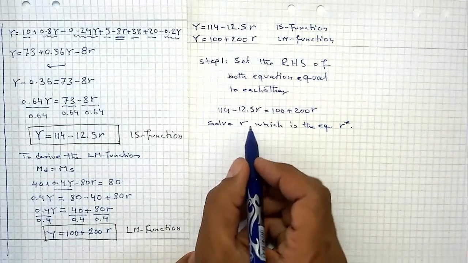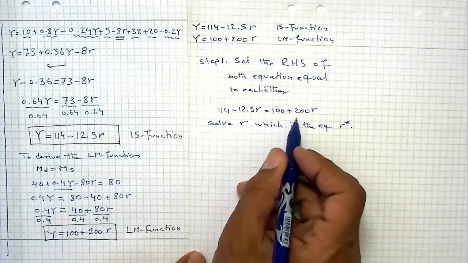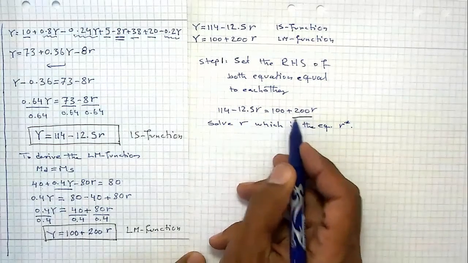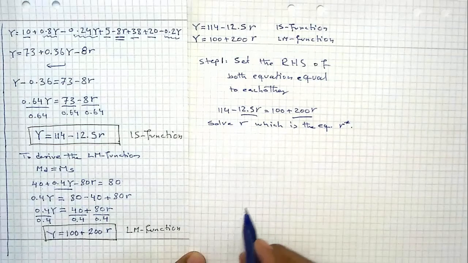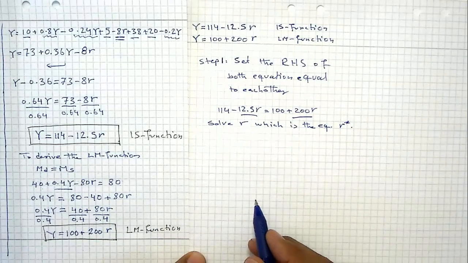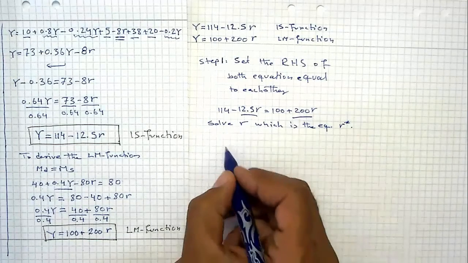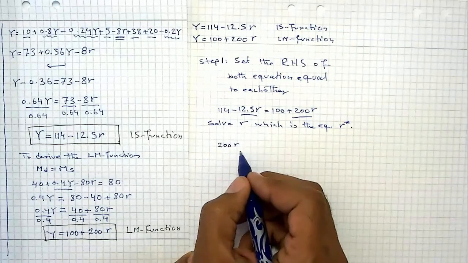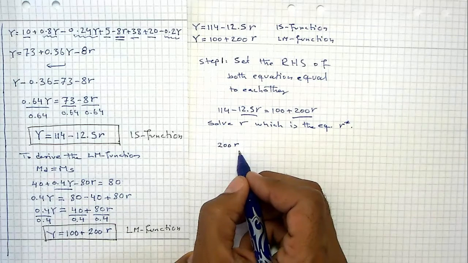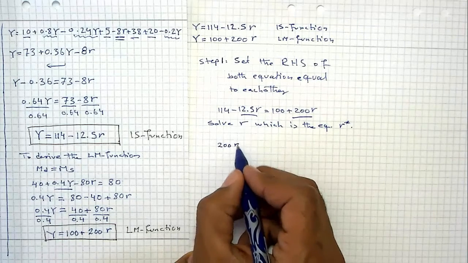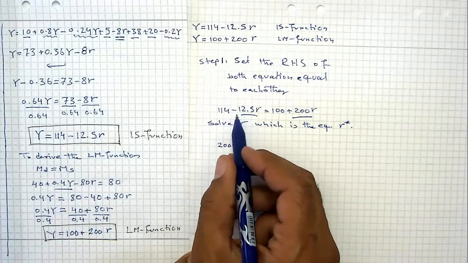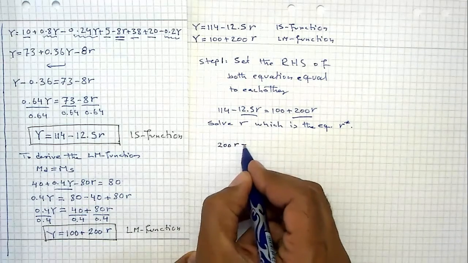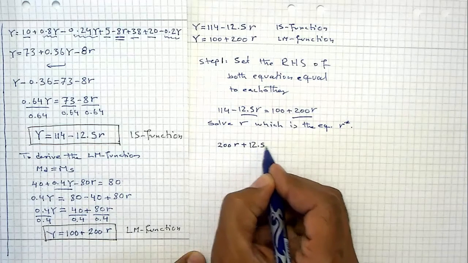All right. I can gather terms including r on one side, so I start with plus 200r, then add together, I move it to the other side and change the sign, it is plus 12.5r.